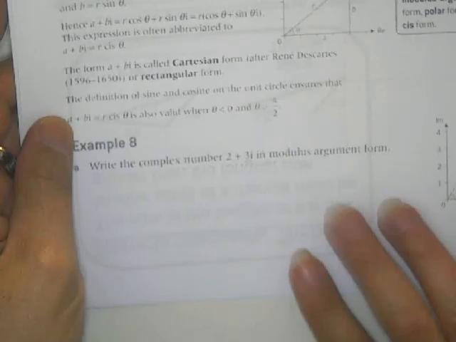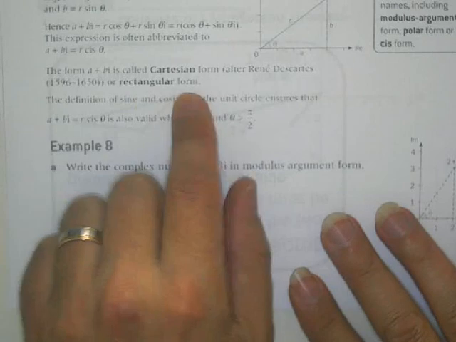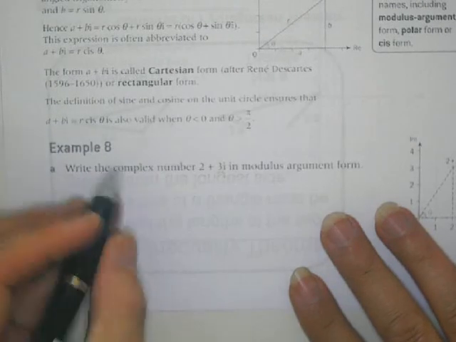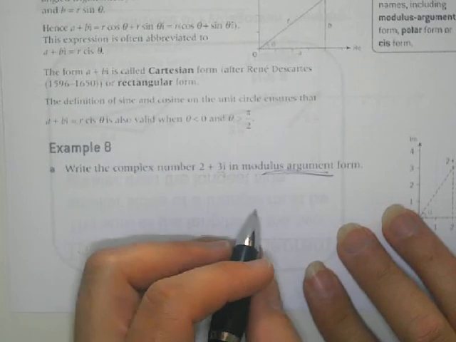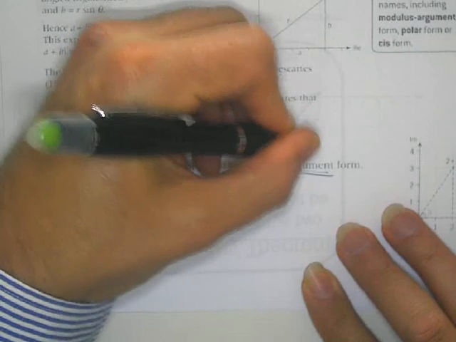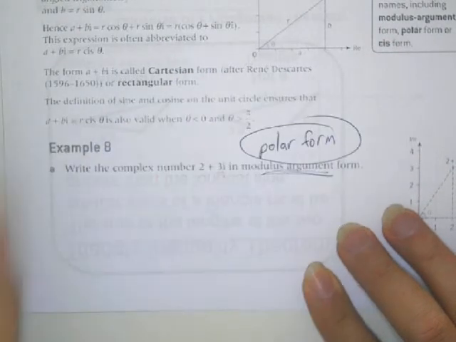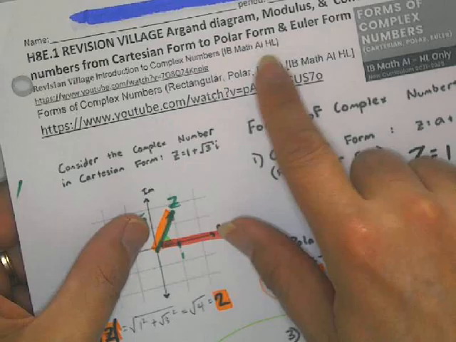Let's talk about converting Cartesian form, rectangular form, into modulus argument form or polar form. Okay, so hopefully you saw the revision village explanation. It's really, really good.